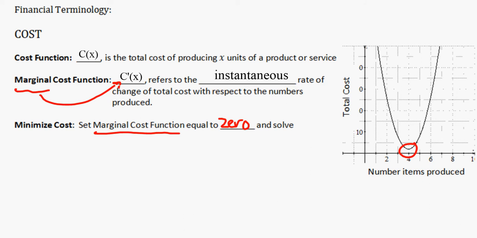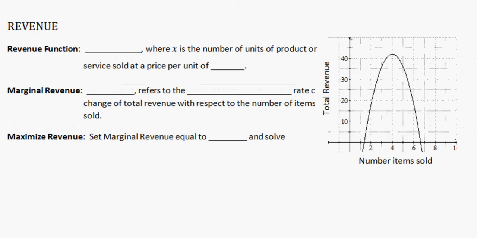And this, of course, works the same for revenue. So revenue, again, this is our R of x function, where x is the number of units produced and sold at a price per unit of P of x. And P is called the demand function.